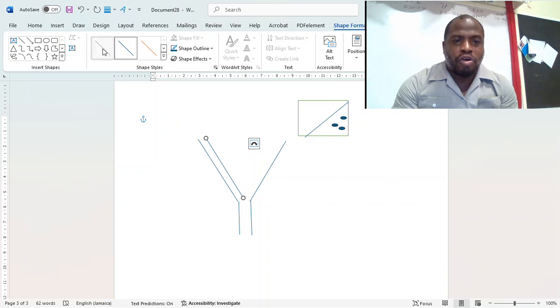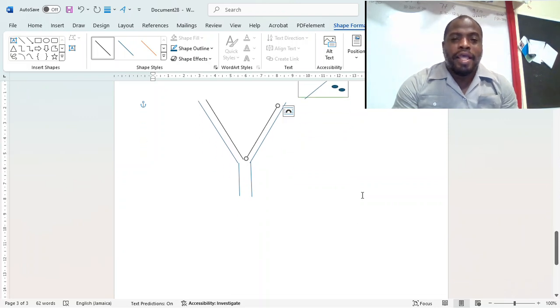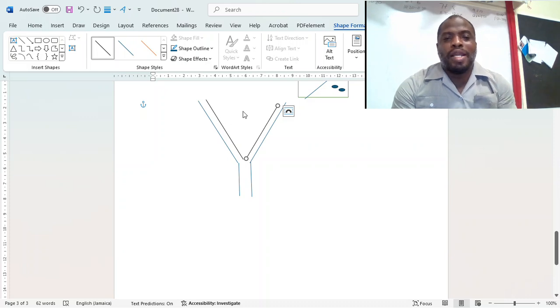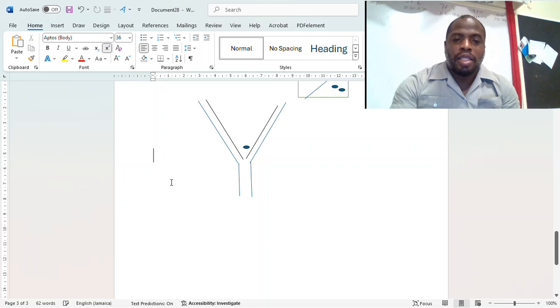Let me just use another color for that, so that we see the difference. And so once you pour the mixture of the sea water and sand in, we're going to have a situation where the filter paper has some pores that will allow the sea water to pass through, but not the sand.